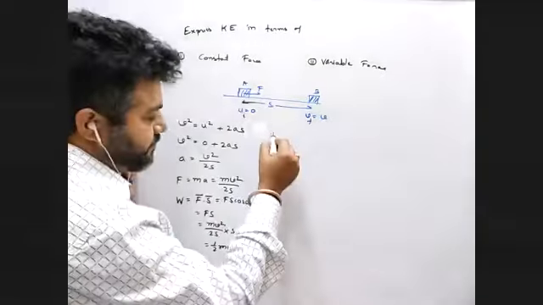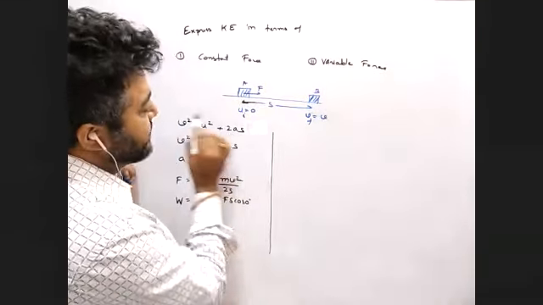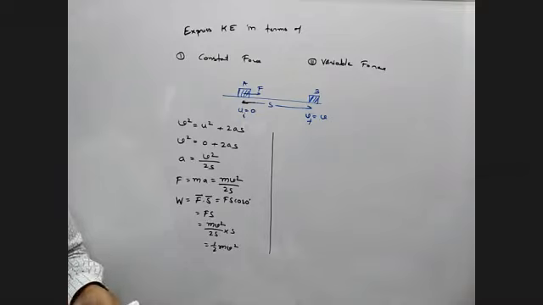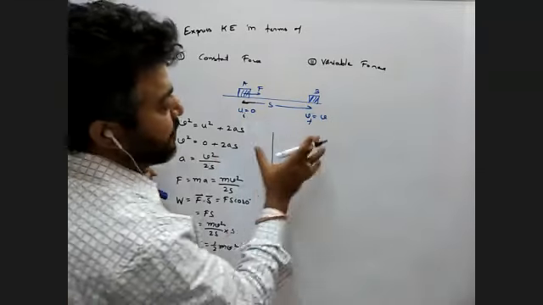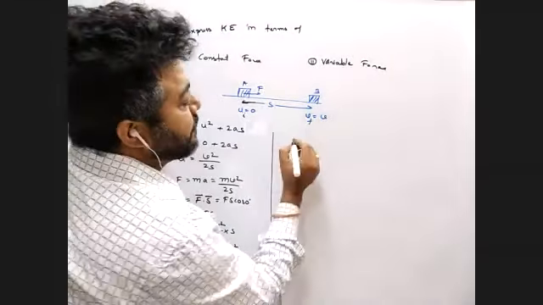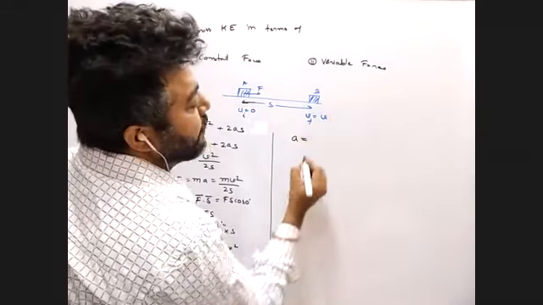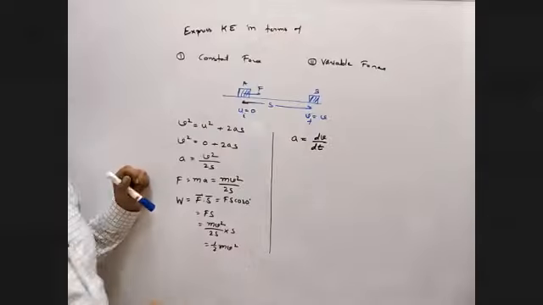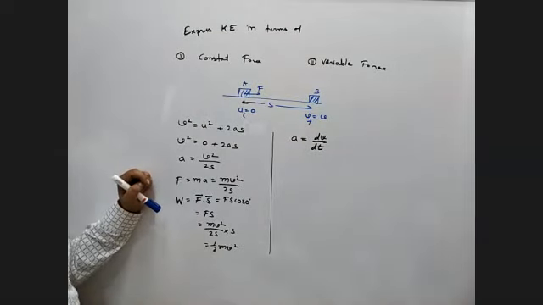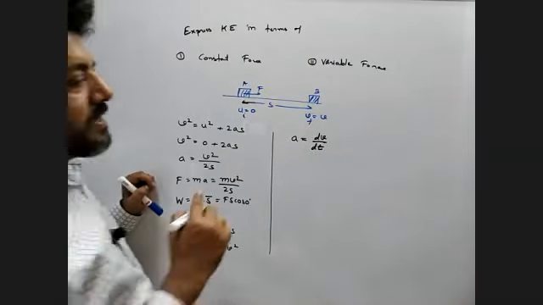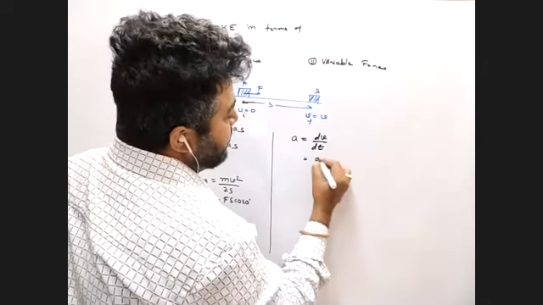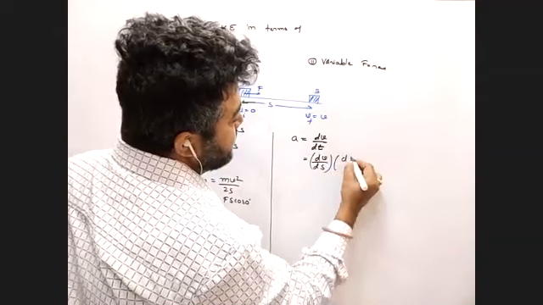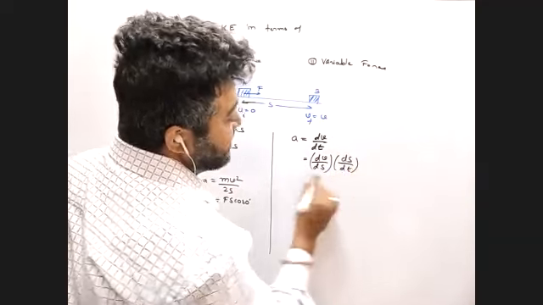Now, this formula is applicable when your acceleration is constant. Now, if we prove it by the variable force, first of all, acceleration, we know, is dv by dt. We know that the differentiation of velocity with respect to time is acceleration. And we can write it as the derivative of velocity with respect to displacement times displacement with respect to time. That is called the chain rule.